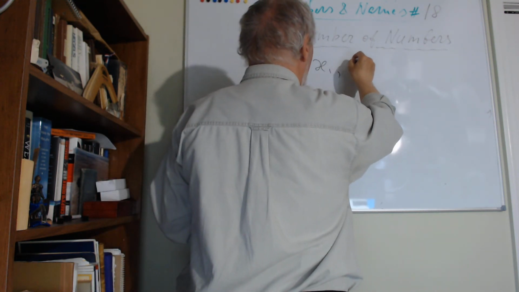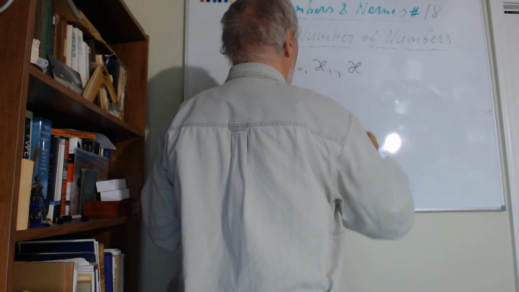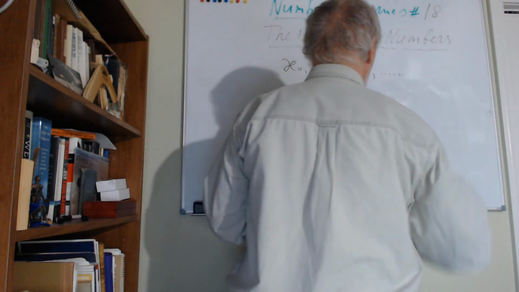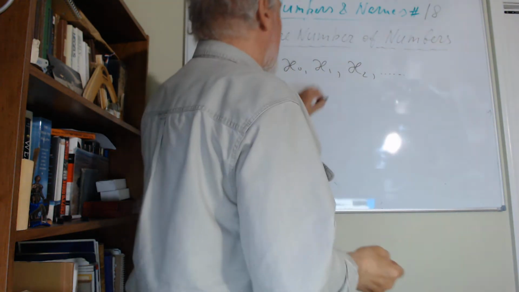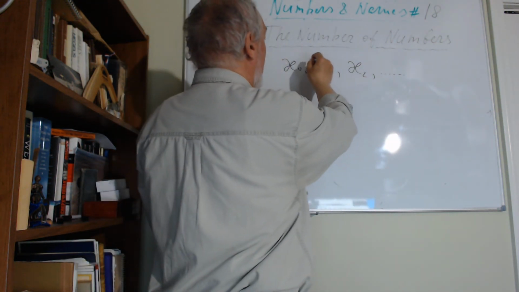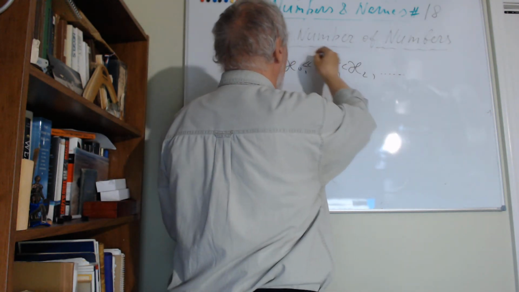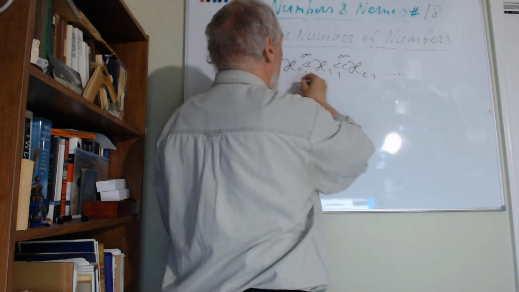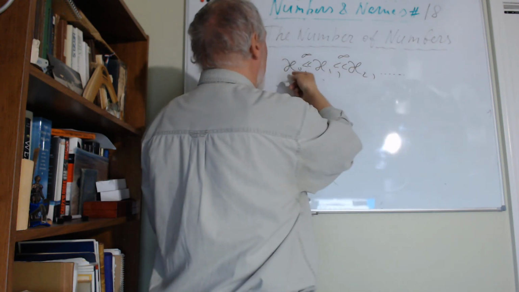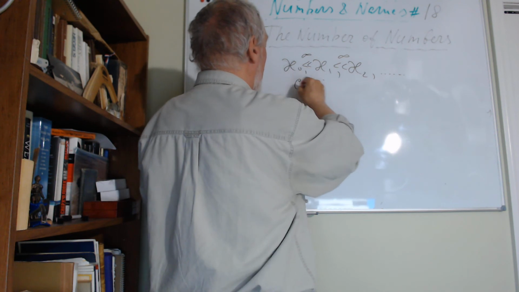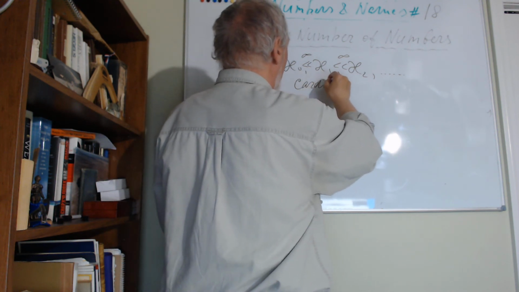And do you think there are others? Aleph 2, 3, 4, 5, and each of them is greater than the previous one infinite times. And these numbers are numbers because they're an amount of something. There is a countable number of infinities.